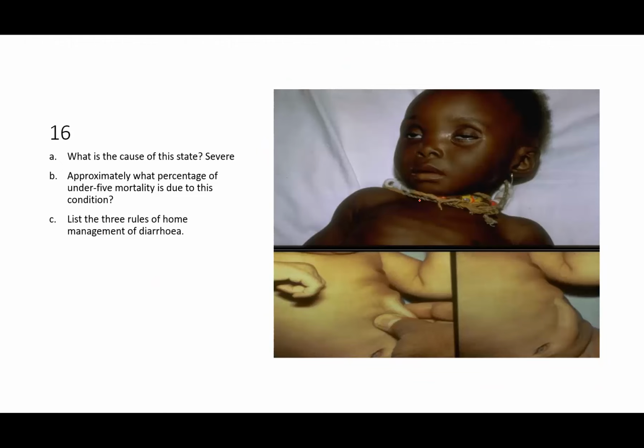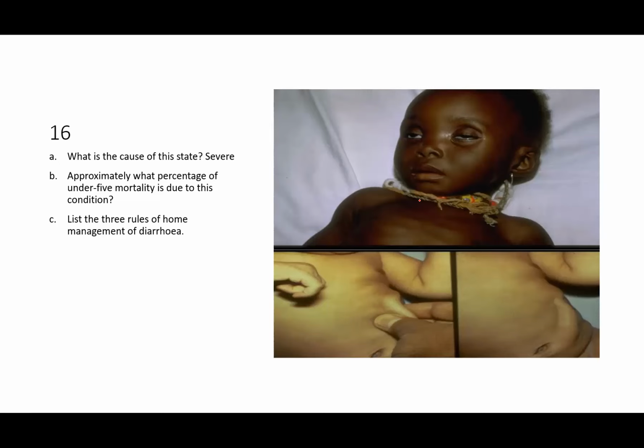Now, the next question says, what is the cause of these states? Okay. Now, this is severe dehydration. You can see the sunken eyes, the baby is lethargic.